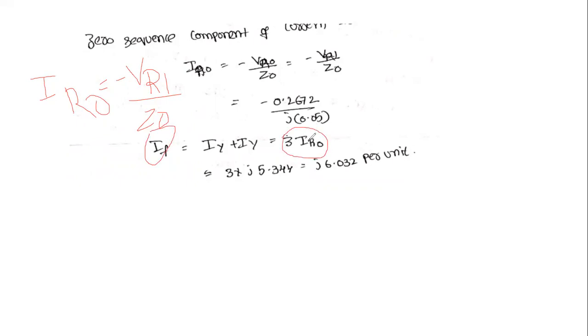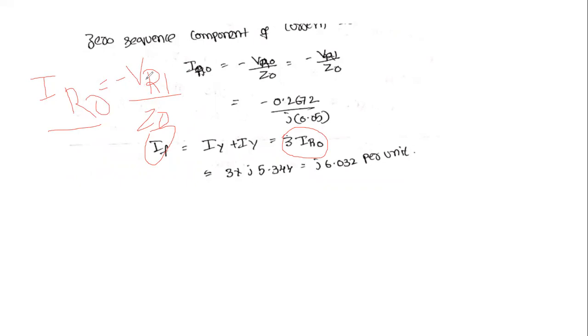Therefore, IR naught is the zero sequence current at R phase. We already calculated the IR naught value. What is the IR naught value?